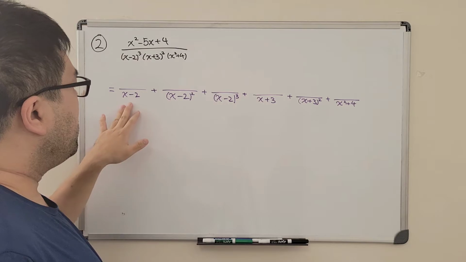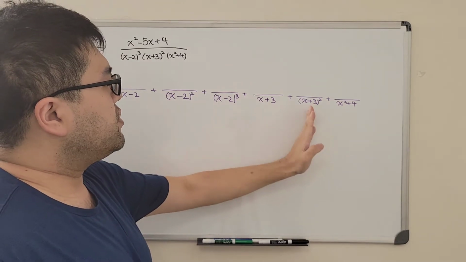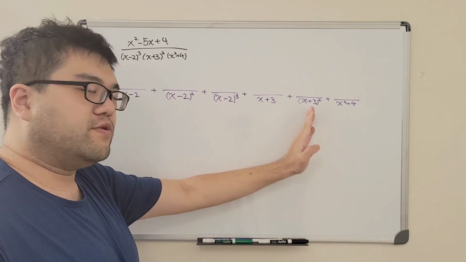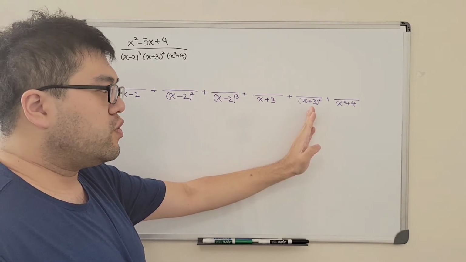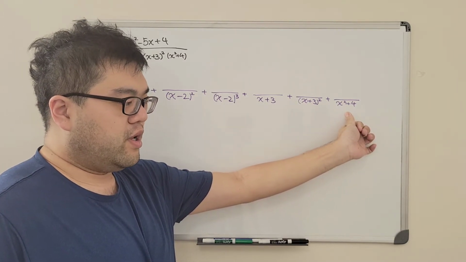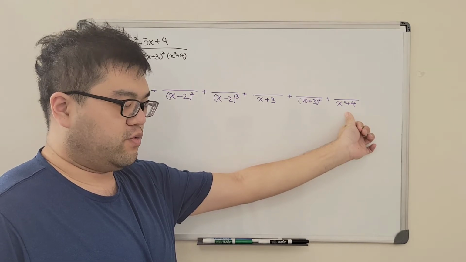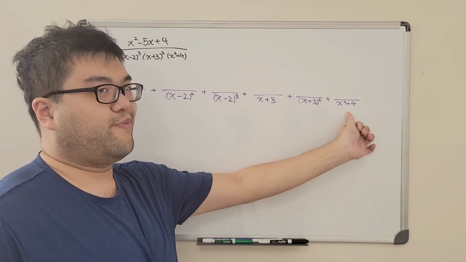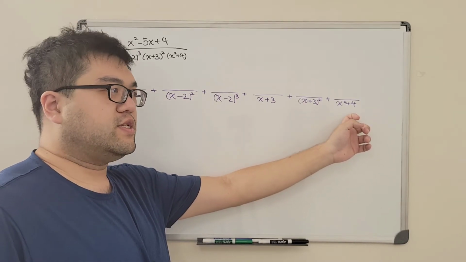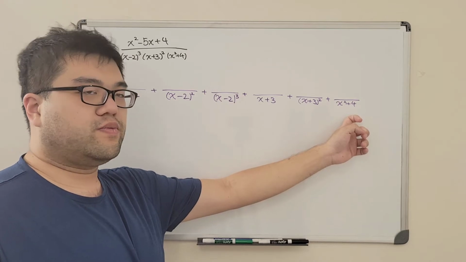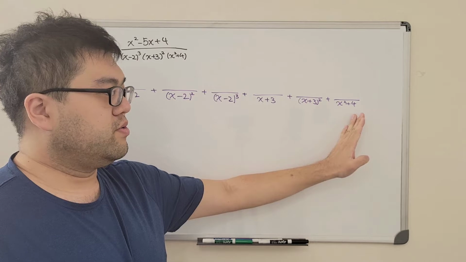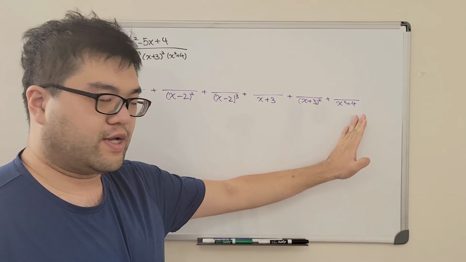So in this case, all the terms up to here are fine, in that we only have one x value causing the denominator to be 0. However, in the last term, we have x squared plus 4 equals 0 if and only if x is equal to plus or minus 2i. And perhaps you might think, well, isn't that great? There's no real numbers. But again, when we use the residue method, we can also use it with complex numbers.